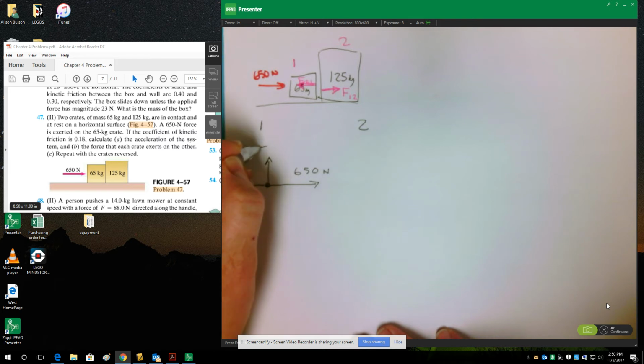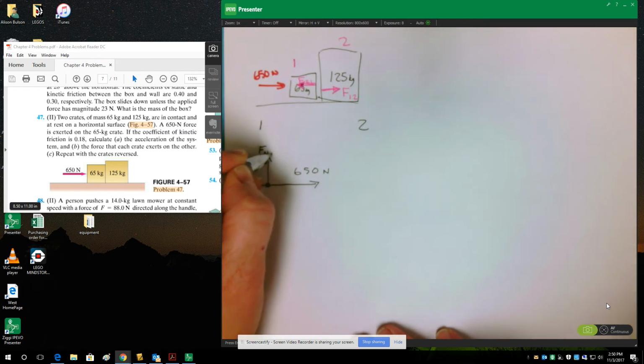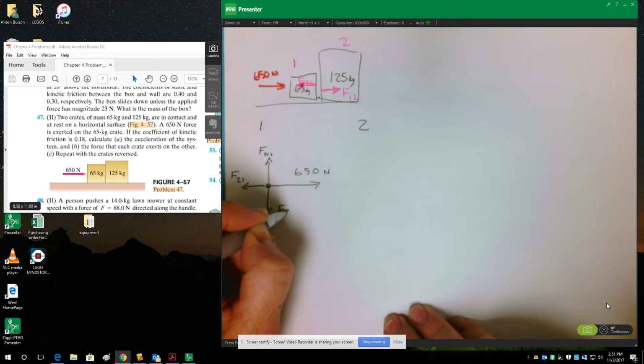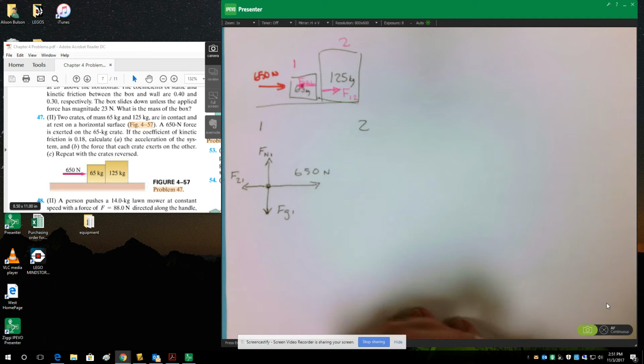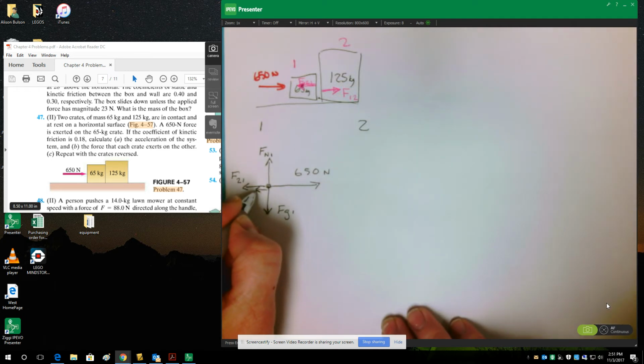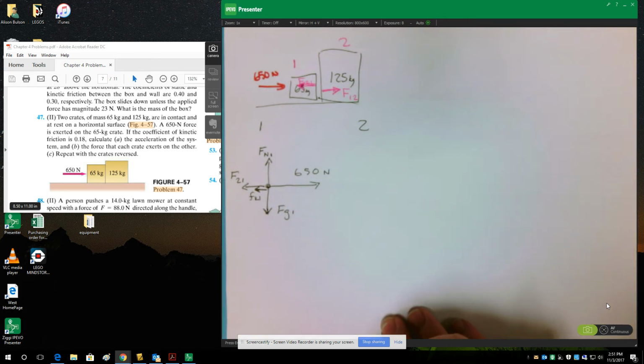There's a normal force pushing up. I'm going to label it Fn1 to be clear that it's the normal force on block 1 only, and the pull of gravity on block 1 only. We know these two should be in balance. There's also, of course, a little bit of friction on block 1 because it's sliding to the right.